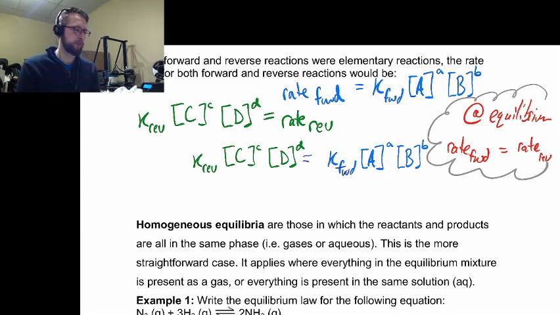So this becomes the equilibrium law in a way. We have a little bit of manipulation to be done here, which we're going to get into in a second. But I just want you to ruminate on this conclusion. If the rate of the forward reaction is equal to some constant times the two forward reactants, and the rate of the reverse reaction is equal to some constant times the two reverse reactants, then those two equations can be made equal to each other at the point of equilibrium.